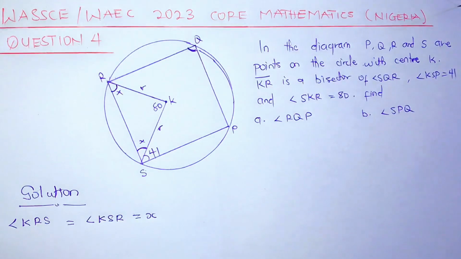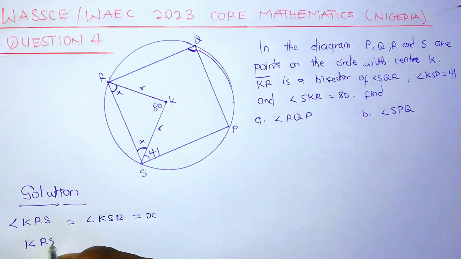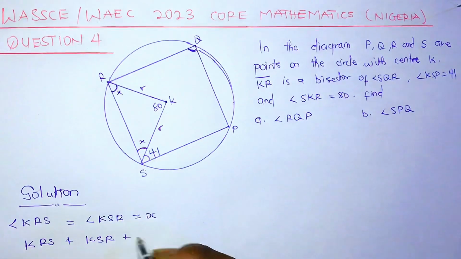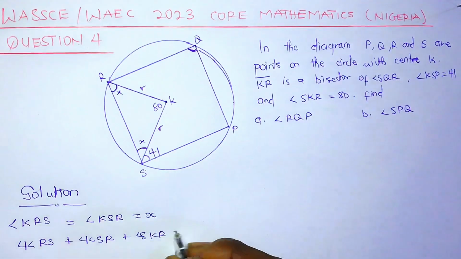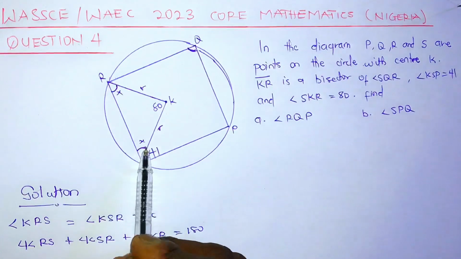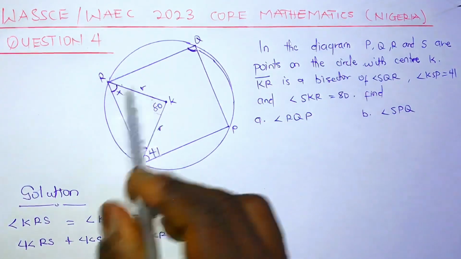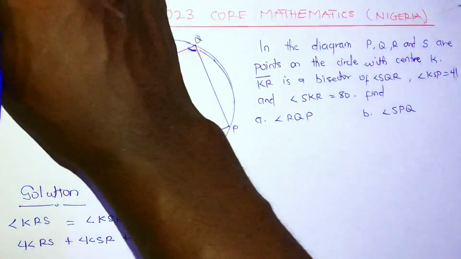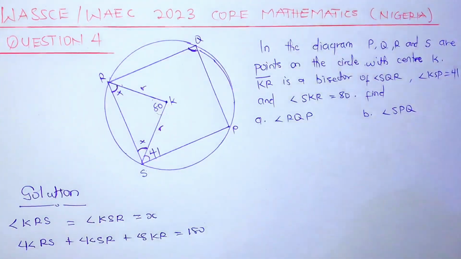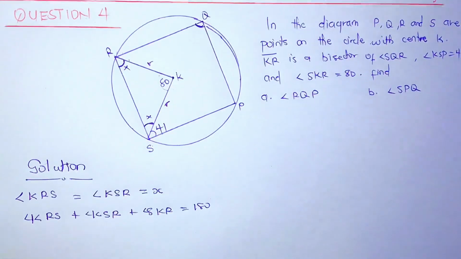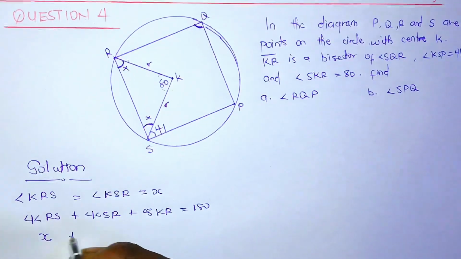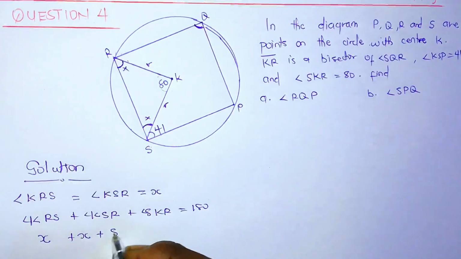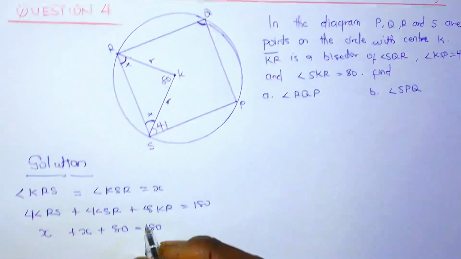Good. So we say that angle KRS plus angle KSR plus angle SKR should be equal to 180. So this angle, and this angle, since this is a triangle, should give us 180. Okay. So since they are equal to x, we say that x plus x, and that angle is 80, is equal to 180.